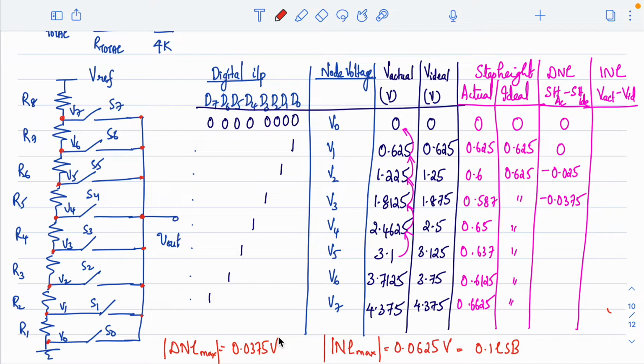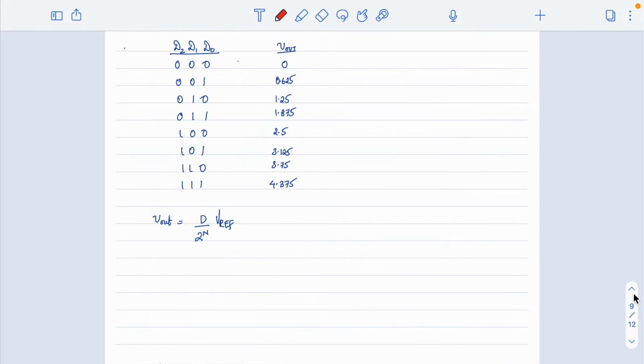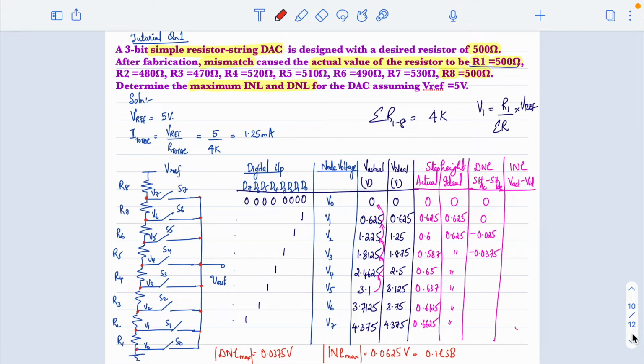So this is how we solve the differential nonlinearity and integral nonlinearity of a simple resistor string DAC when all this information is given. This is equal to 0.06 LSB, right?